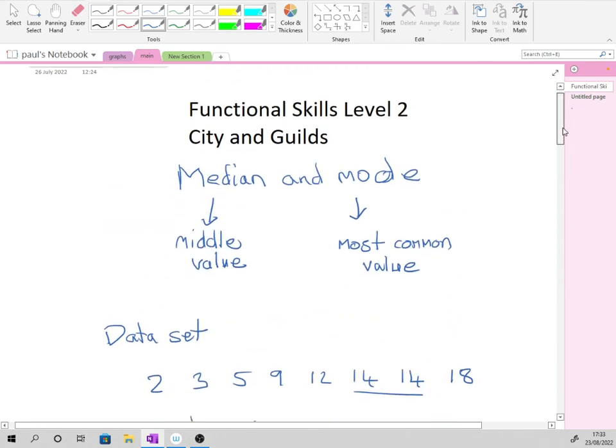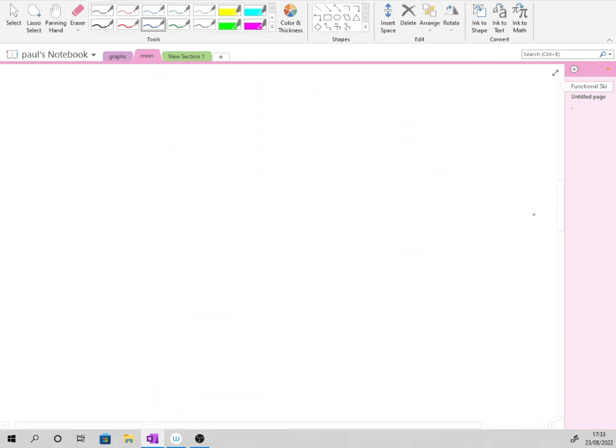So the other one is median, which is a bit more complicated, but not too much. We'll look at some examples of this in a minute. Median is the middle value. Now, if we have 4, 2, 7, 1, 9, 8, and 12, we need to find the middle value.